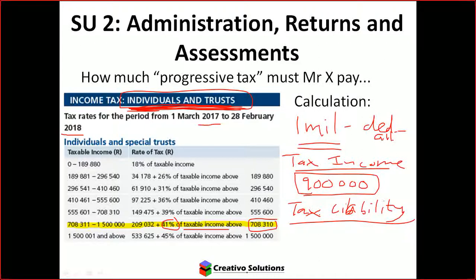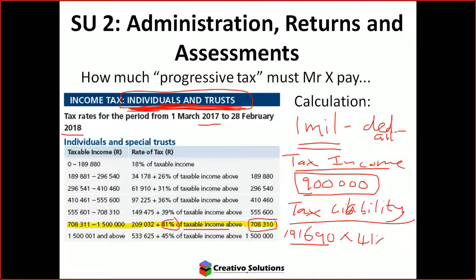Now, how much tax do you have to pay? Does that make sense? Yes. The difference. Yes, sir. Okay, so what is the excess? Well, I'm going to have to take 900,000 and subtract 708,310, and that's going to give me 191,690.